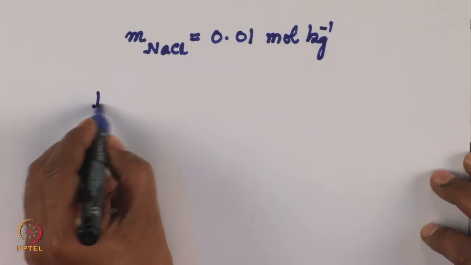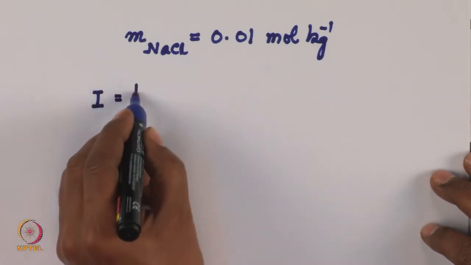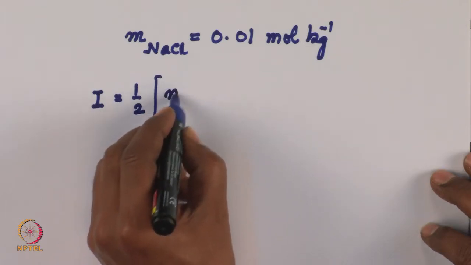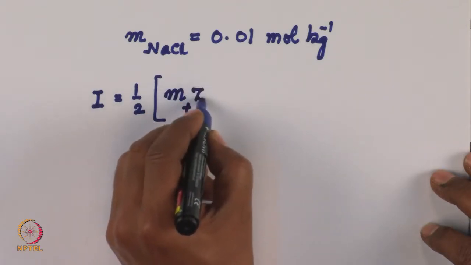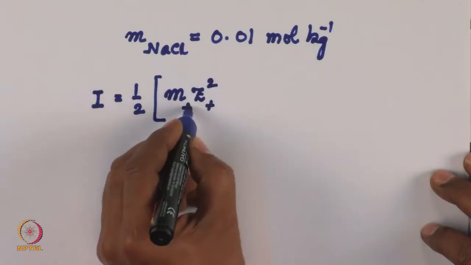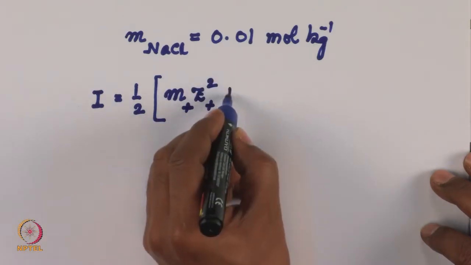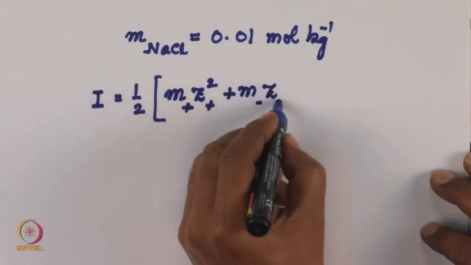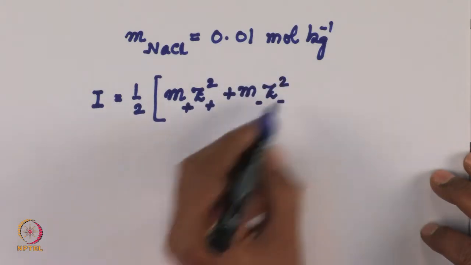Then ionic strength will be equal to half of the sum of M plus Z plus square, where plus is the positively charged cation, plus M minus Z minus square, where Z minus is an ion.